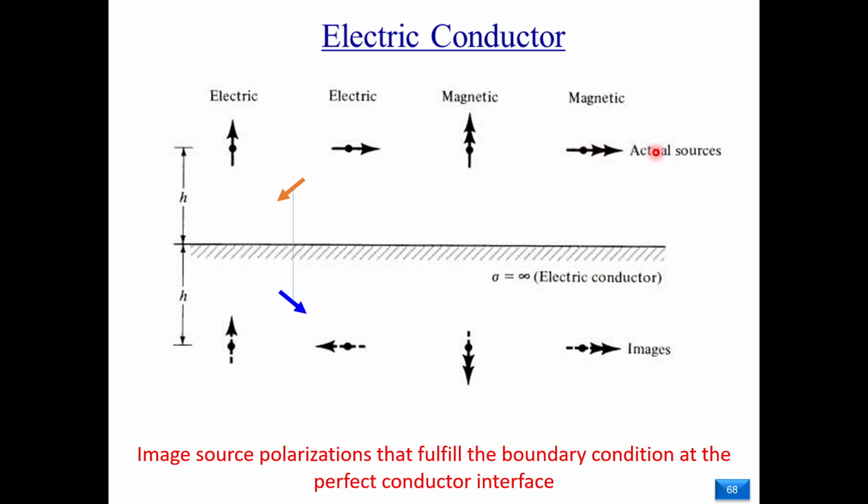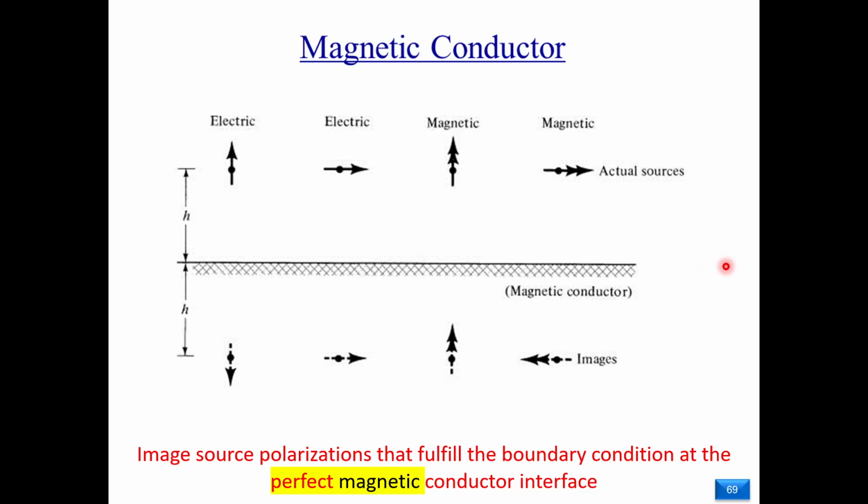The horizontal magnetic dipole would be associated with a horizontal magnetic dipole in the same direction. If the dipole is inclined like this one, the image would be this one. Why? This is the setup that fulfills the boundary condition of zero tangential electric field at the interface of the perfect conductor.